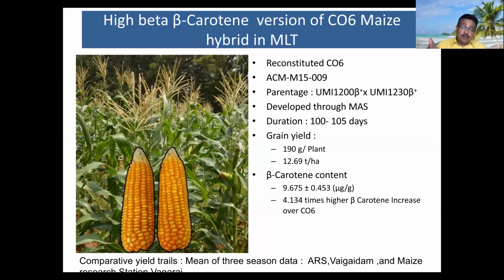So for every progeny, we use the markers to select the plants which have the positive allele for beta carotene. So a marker is compulsorily needed. For nutritional traits and also complex traits which cannot be done by simple backcrossing by the conventional breeding method, marker-assisted breeding is the only way. By that, we can transfer the trait of interest to the elite background.